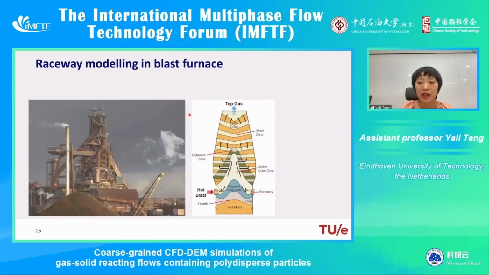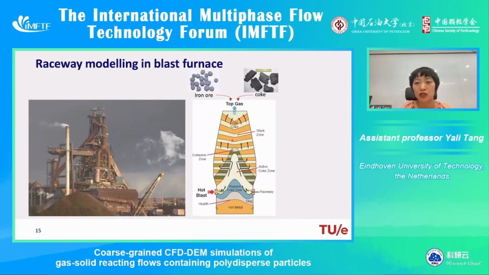How it works is that the iron ore and the coke are charged from the top into the furnace layer by layer, and the gasification of the coke provides the heat and reducing gas for reduction of the iron ore into iron.